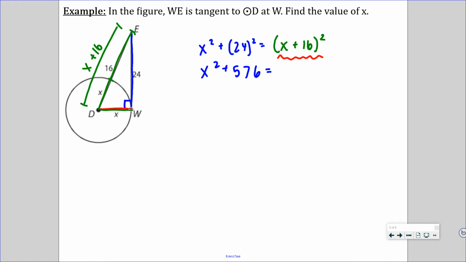Matthew. Oh, wait, no, you didn't do that. Lauren! Call that trash algebra. This, x plus 16 times itself twice.